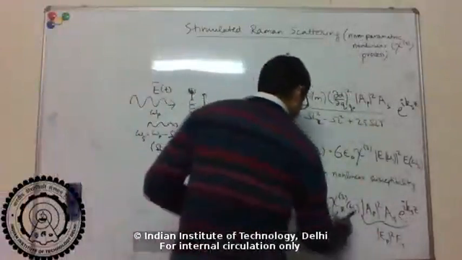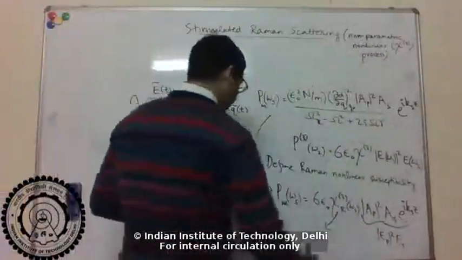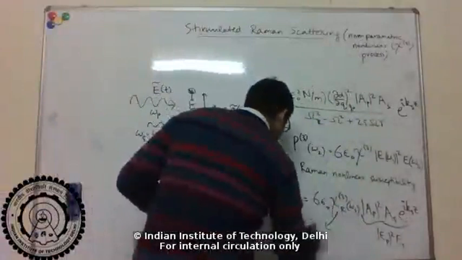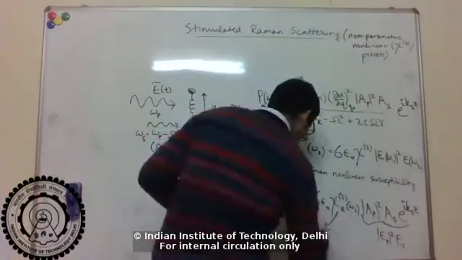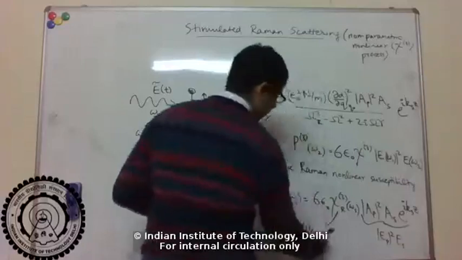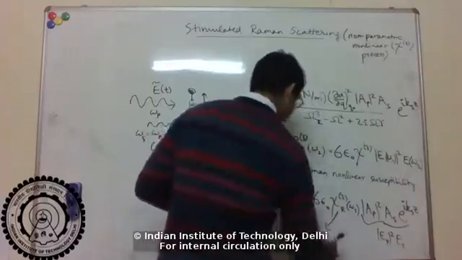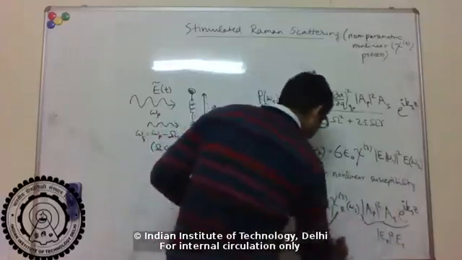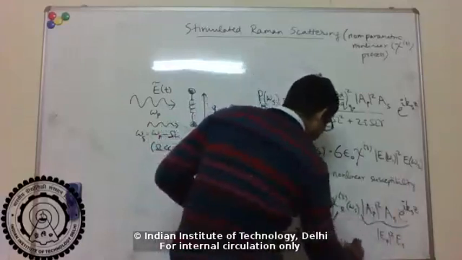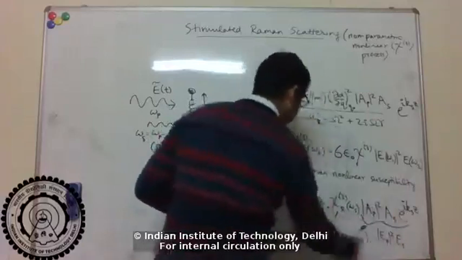And this chi3 Raman at omega s, right? If I want to write it explicitly, recall it's the chi3 at frequency omega s. The three contributing frequencies are omega p, minus omega p, and omega s. Right?